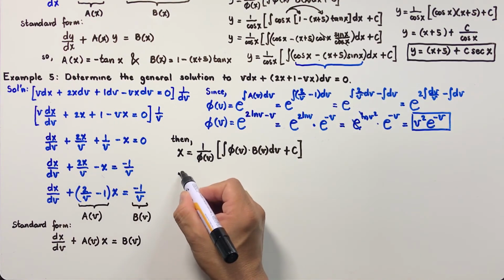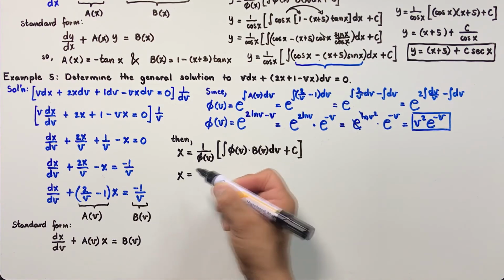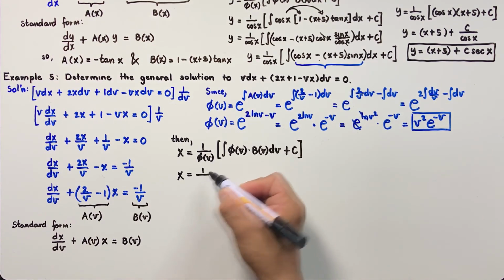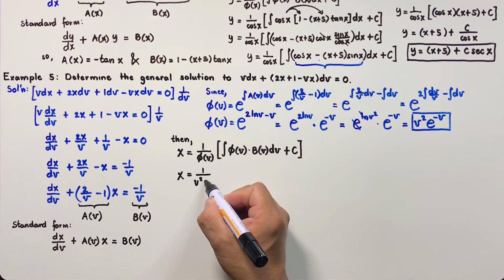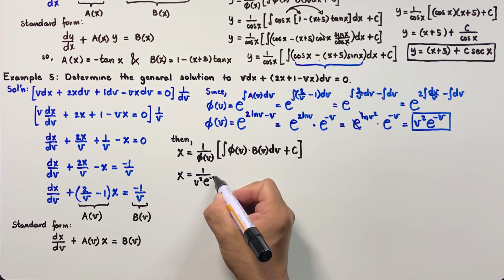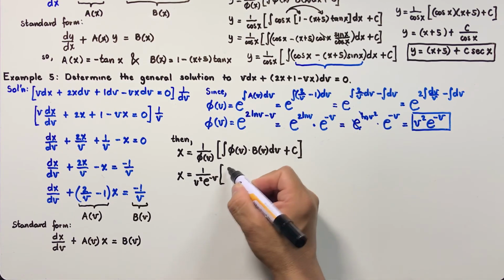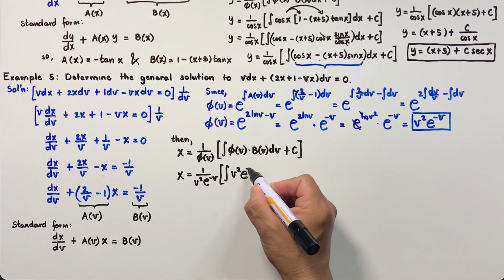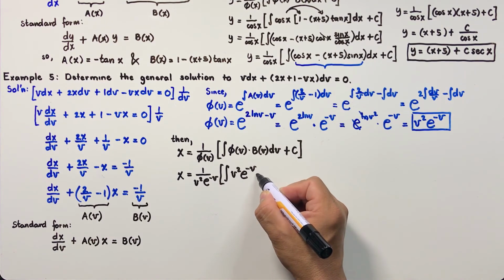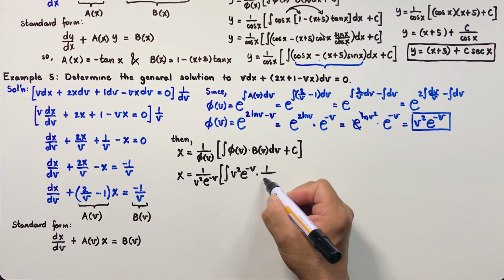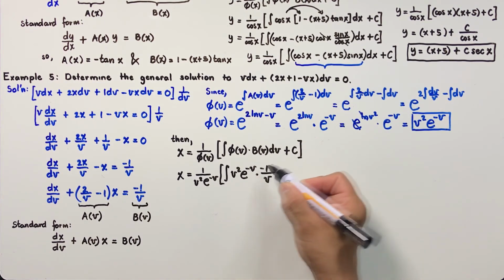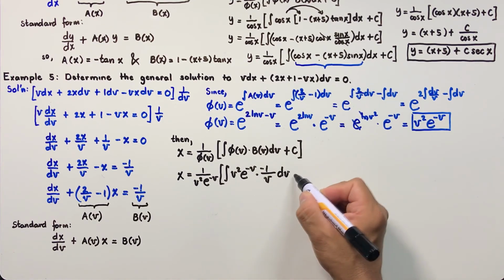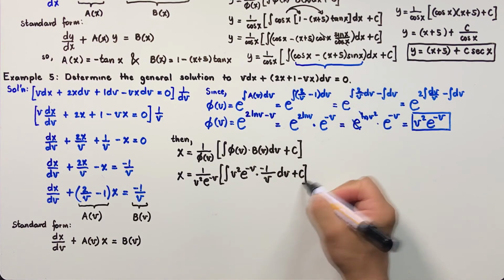So substituting our phi, we have 1 over v squared times e to the negative v times the quantity of the integral of v squared times e to the negative v times the b, which is negative 1 over v, dv, plus the constant of integration c.